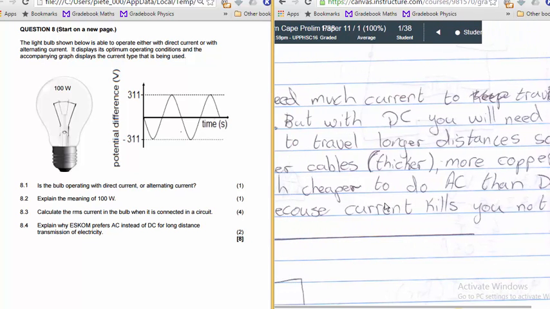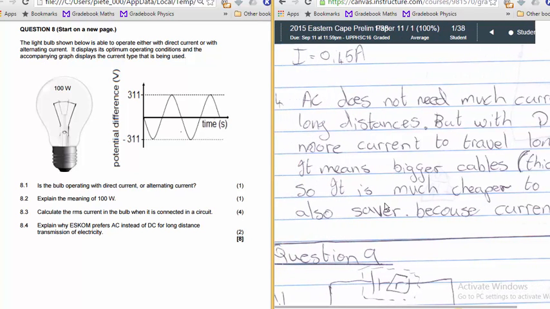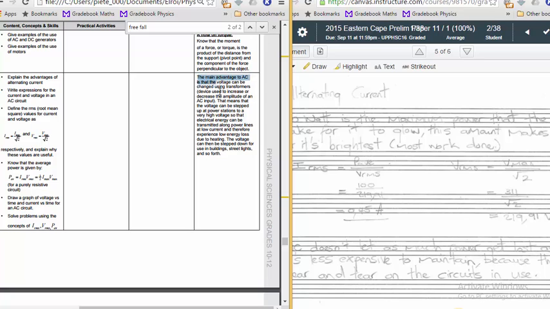It is definitely cheaper, and I think the reason is correct as well, that the current... and I think the best way to explain it is maybe just to read from the CAPS document.